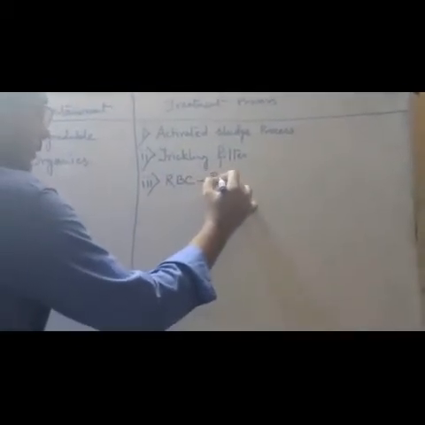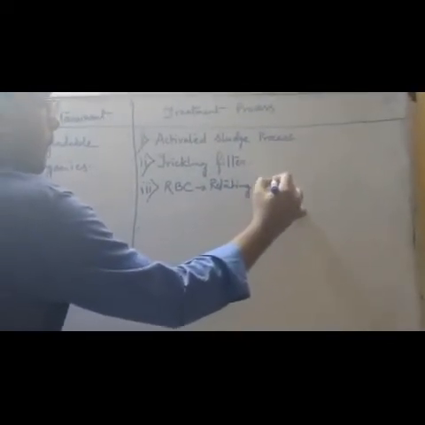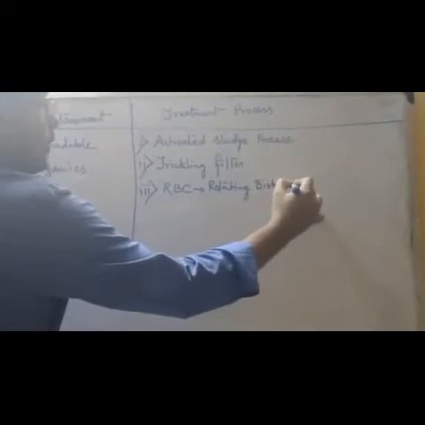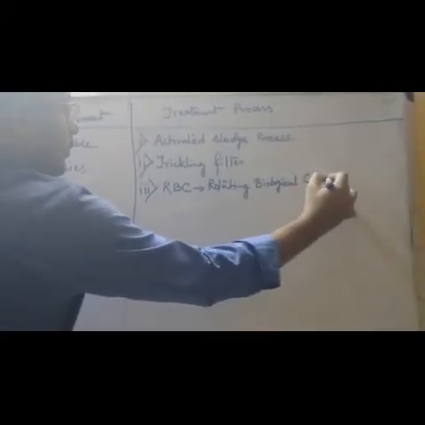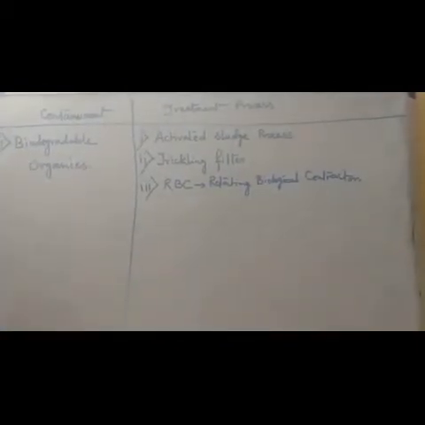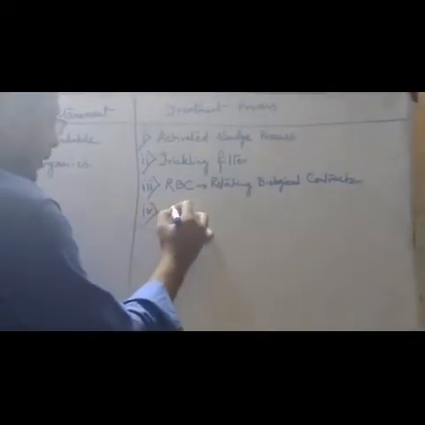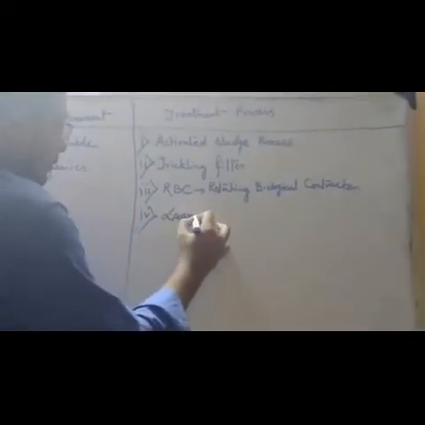What is this? This is rotating biological contactor. And the fourth thing is lagoons, different types of lagoons, aerated lagoons or non-aerated lagoons.